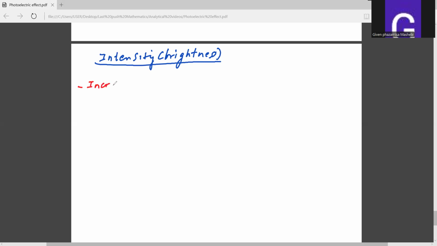Increasing the intensity of light without increasing the frequency. Let's assume we just have light of the same frequency. What we do is we just increase its intensity or brightness.